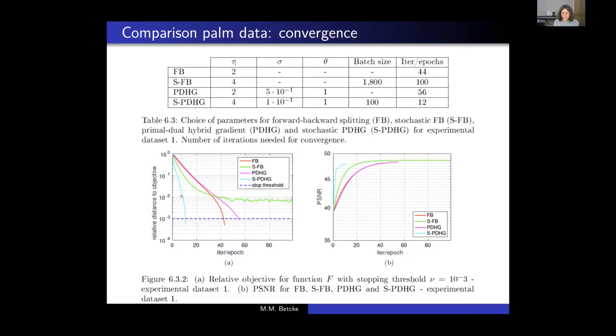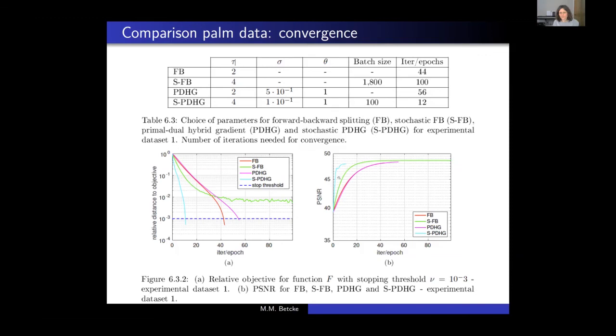My hypothesis is that this is because of the noise and the imperfections in the data, so you really see the effort that you put in the dual. So that's the convergence picture. The non-stochastic methods are the two here, and the Primal dual hybrid gradient is actually slower than the standard forward backward, apparently.